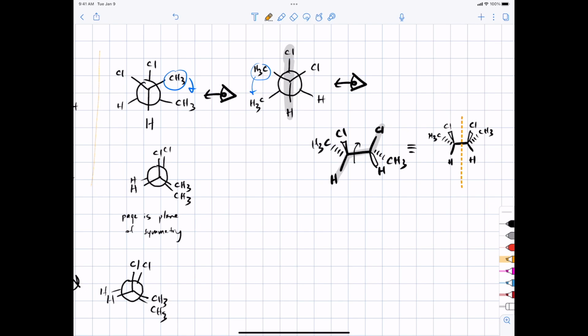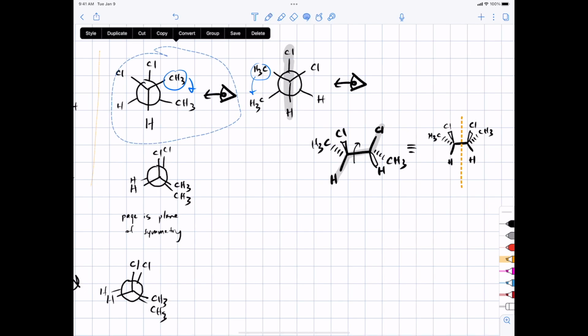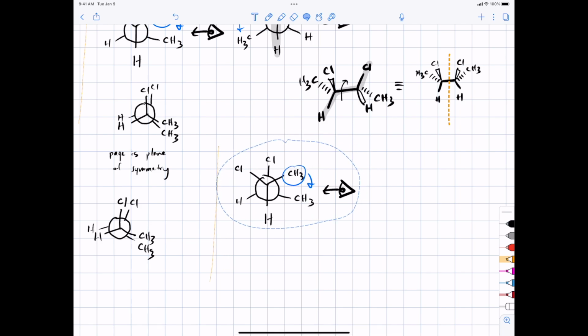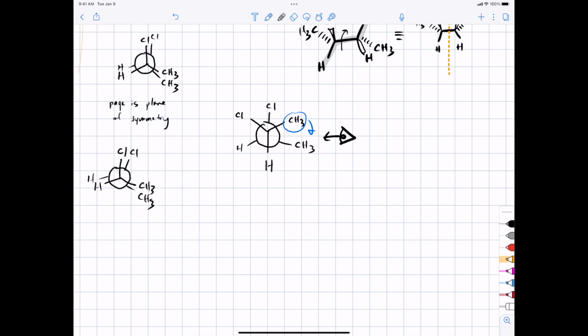Repeat that for the other structure. Again, I'm going to have the carbons and the hydrogens in the plane.